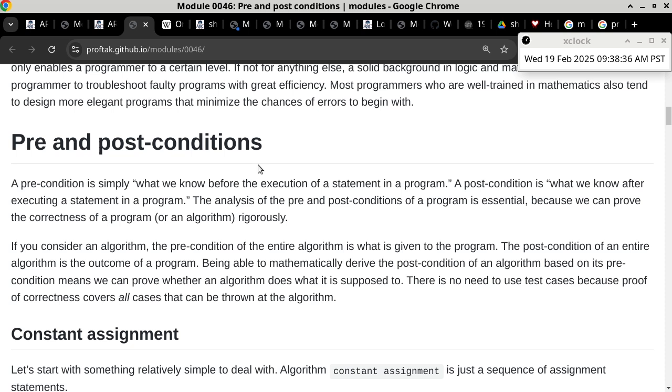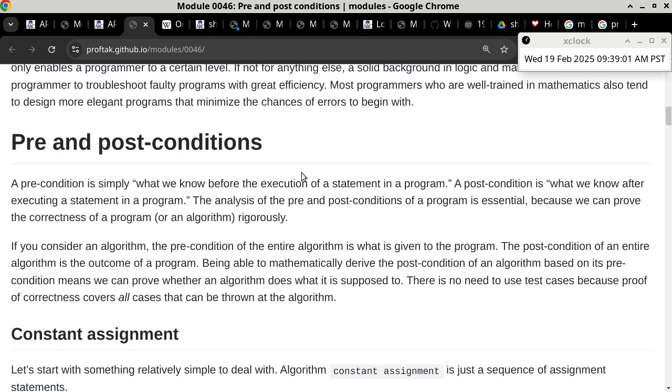It'll be done statement by statement, and then we'll look at the nesting structure of the algorithm. The bottom line is, can we start with the precondition of the entire algorithm, follow the code mathematically, and come to a conclusion of what the postcondition of the entire algorithm is? That's kind of the purpose.